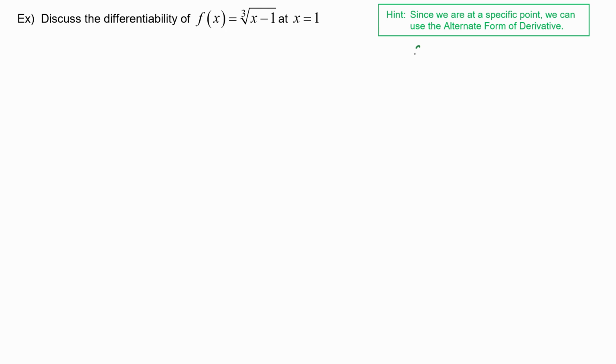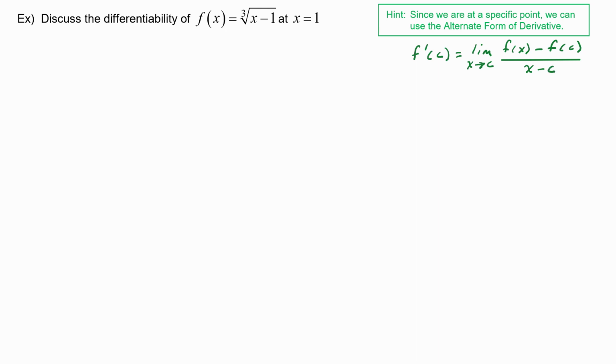Now remember that f prime of c is equal to the limit as x goes to c of f of x minus f of c over x minus c.